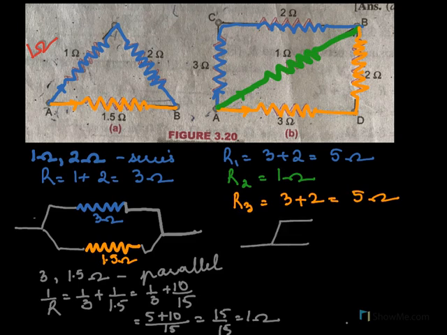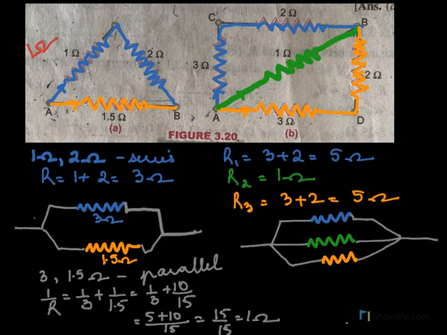If I were to draw the circuit diagram again, I know I have 3 resistances connected in parallel. I have the blue one, then the green one, and last the yellow one.